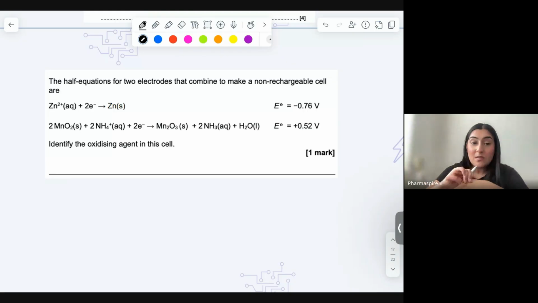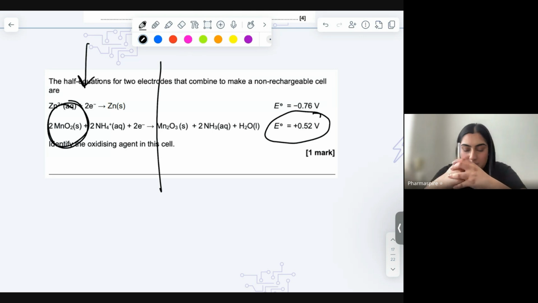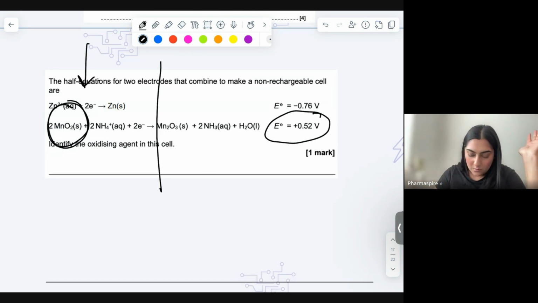MnO2. So oxidizing agent, you think reduction. If you think reduction, you think the most positive one. Now, if it's asking anything about oxidation, you think left-hand side. So you pick MnO2. Well done. Good. Happy. Cool.